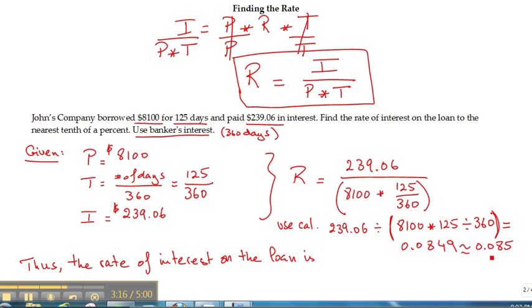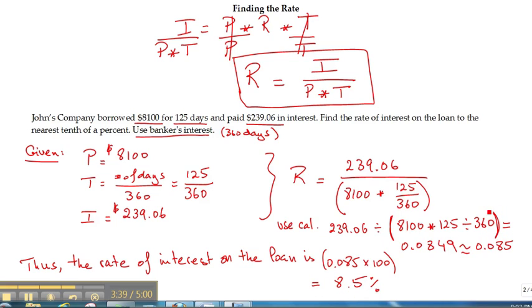So I change this to percent. That means I multiply it by 100. So 0.085 multiplied by 100, that will give us 8.5%. Thus the rate of interest on the loan is 8.5%.